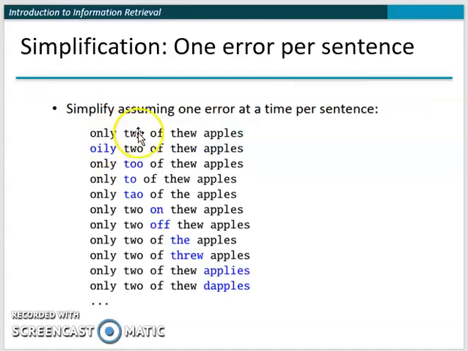For example, only "two" of few apples, or only two "off" few apples, or two of "thew" apples. So we are considering only one mistake at a time. This is how we have reduced our number of sequences.